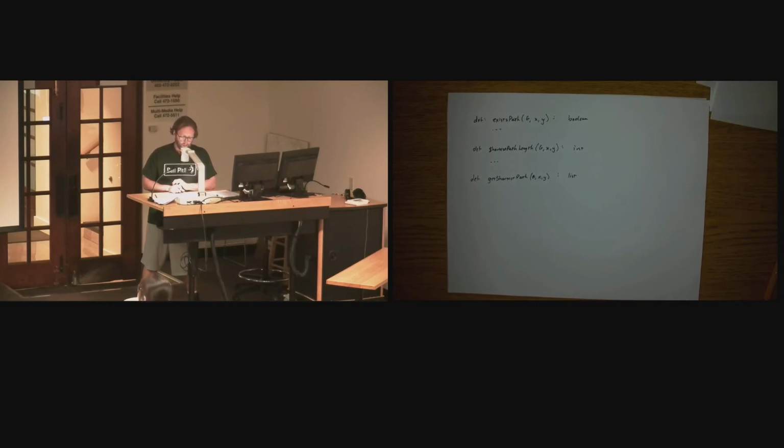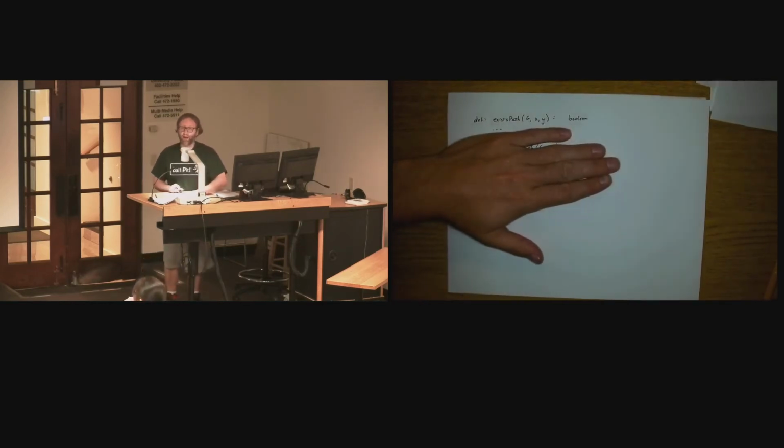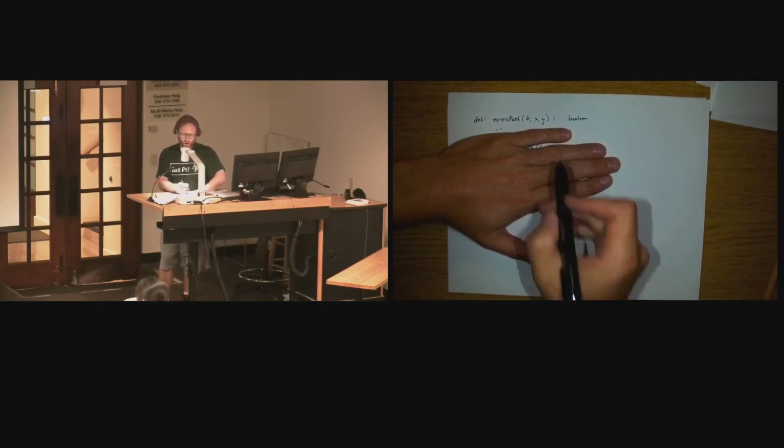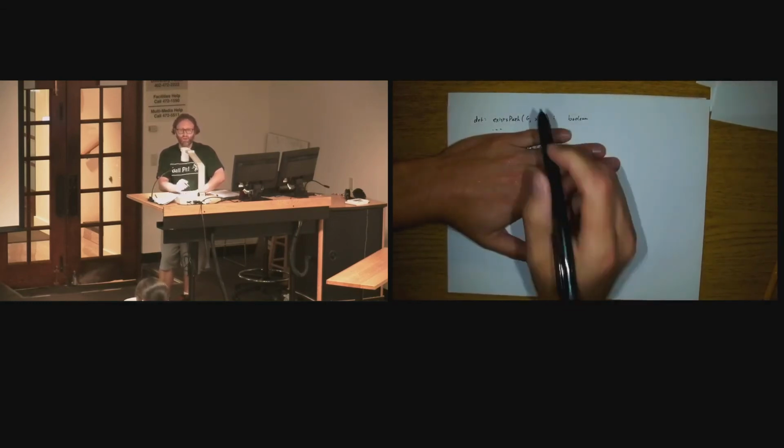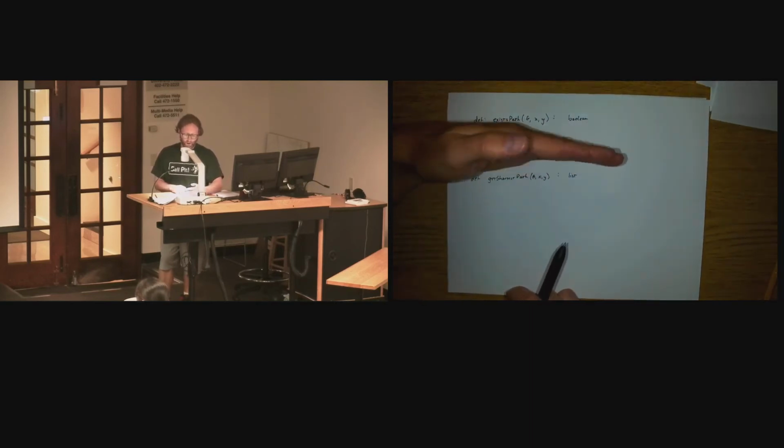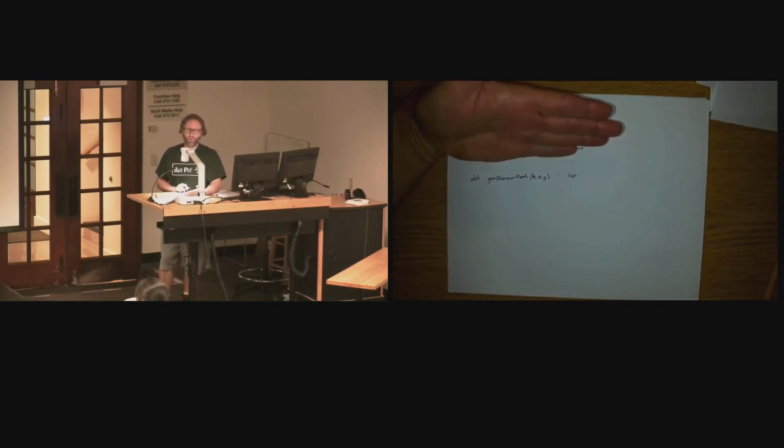So, for example, suppose that somebody's written exists_path for us. Now, this function, using that function, get this path.